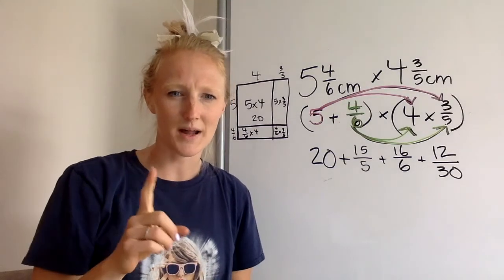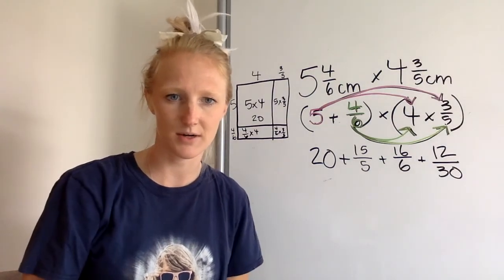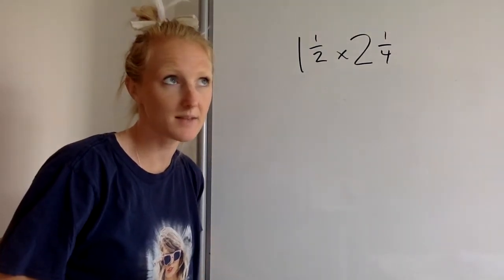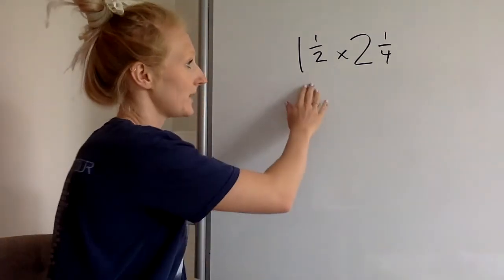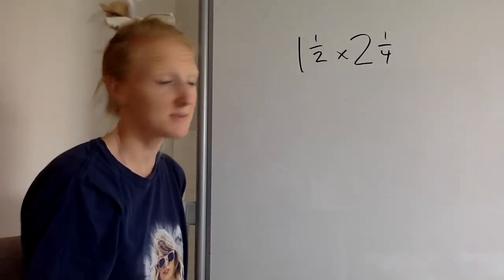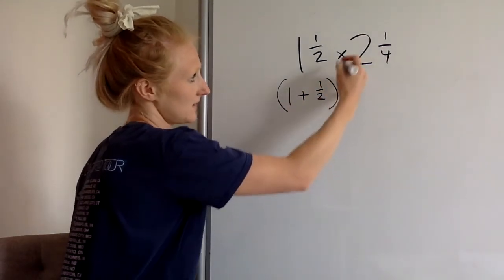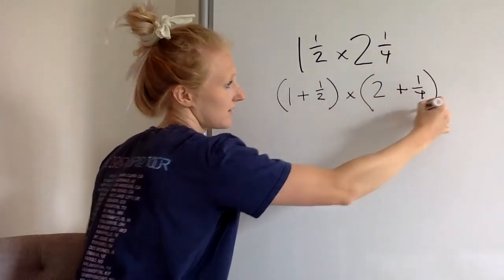I'm going to do one more solving this way because it's so brand new, so that you have one more example to look at. Here's your second problem. I made the numbers easier just so we can get the strategy down. So 1 1/2 times 2 1/4. I'm going to separate 1 1/2 times 2 1/4.